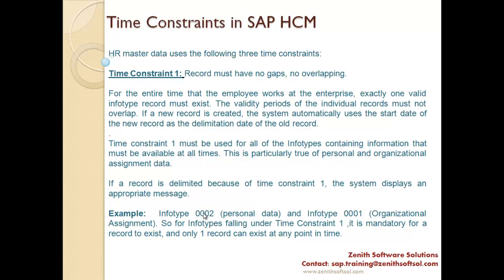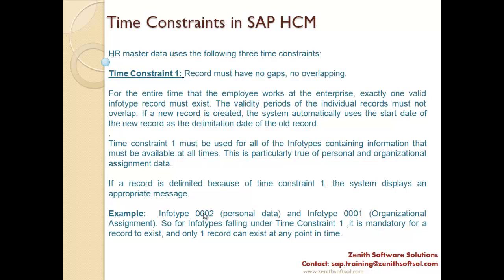If your name is changed, then a new record is created, but at a time only one valid record exists, not two. So that is the concept of time constant 1. If you have a valid record from 1st of January 2014 to 12/31/9999 and you try to create another new record, then automatically the previous record will be delimited, but at a time only one will be valid.